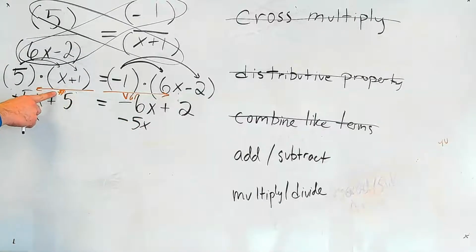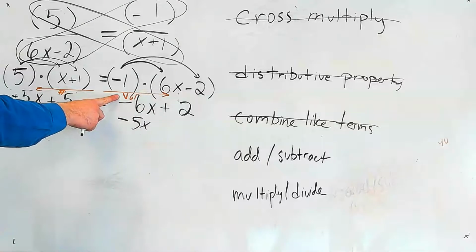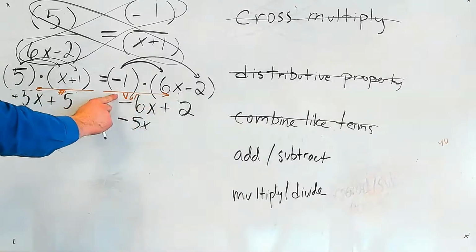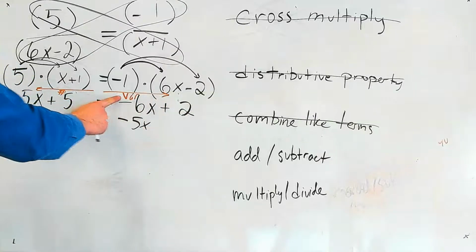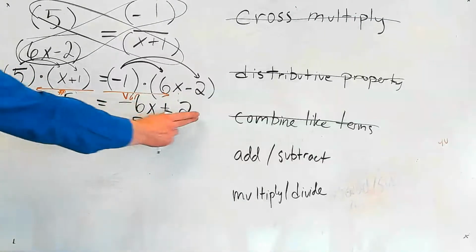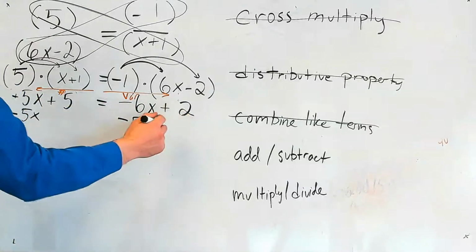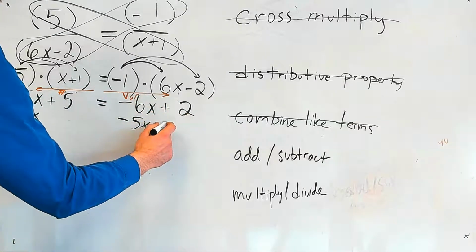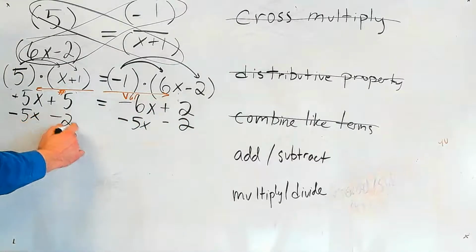It's on the number side already. We're going to leave it there. Negative 6x, that's on the variable side. We're going to leave it there. How about plus 2? That's a number, but it's on the variable side. So we got to move this to this side. How do we cancel out plus 2? We're going to do a minus 2. What we do on one side, we do to both.